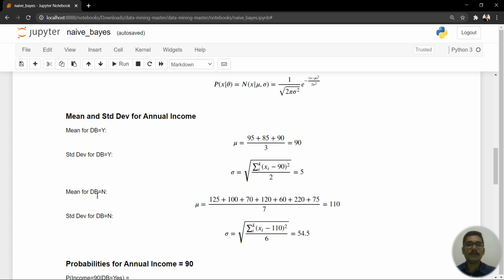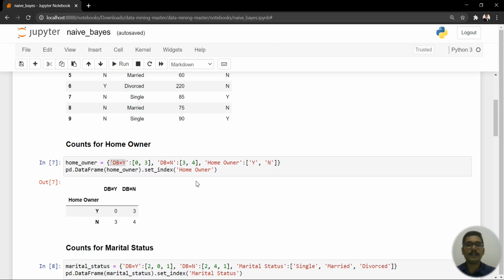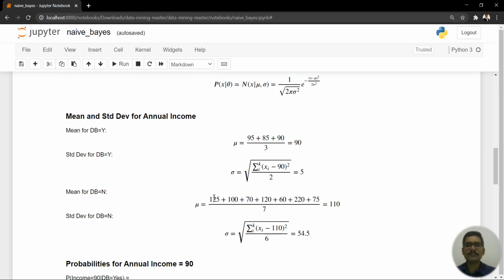Then the mean for defaulted borrower no class, by this calculation, we get as 110. For the defaulted borrower no class, the standard deviation is around 54.5. These are the basic calculations you'll get when you look at the dataset. Just keep in mind the square root, and also that the estimates should be accurate, so here we are taking the unbiased estimate.